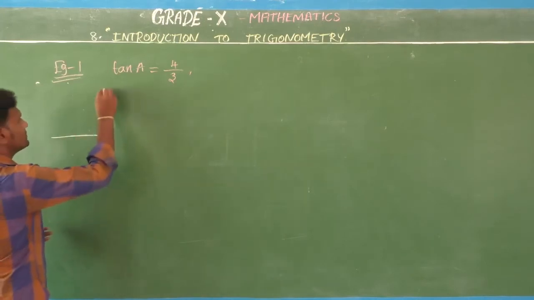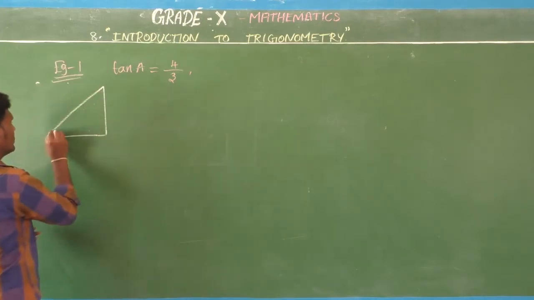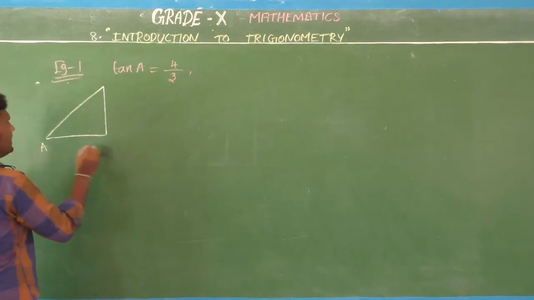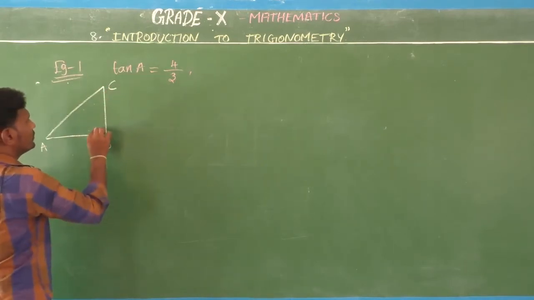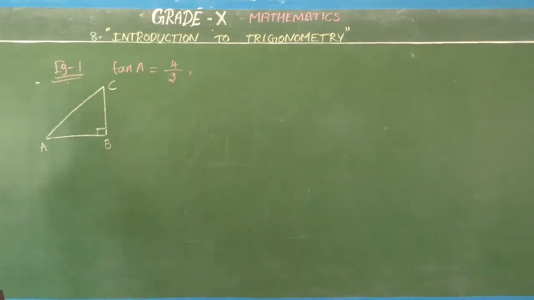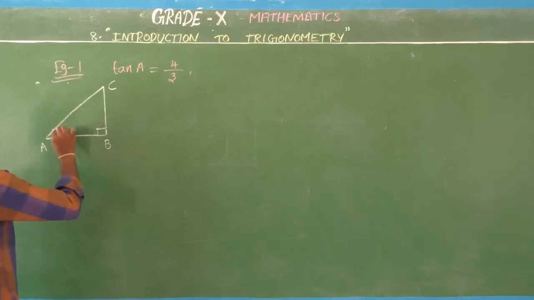Take triangle A, B, C, where the right angle is B. Why do we need to do it like that? It is not necessary, I will take it like that, no problem. Anyway, you have to draw the triangle. So this is the right angle, and tan A we are going to consider as theta.